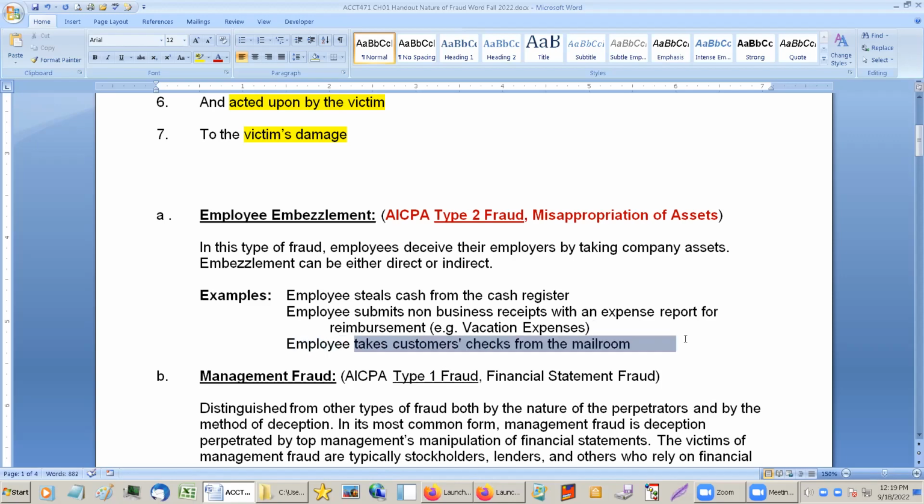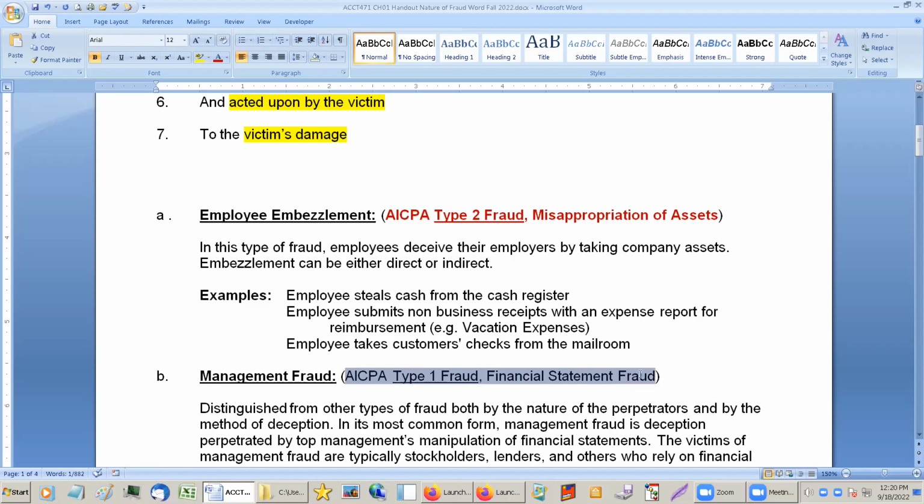Or an employee takes the customer's checks from the mailroom. When the customer mails in their checks, the employee takes them and deposits them in their own account or cashes them. So this is a type 2 fraud.